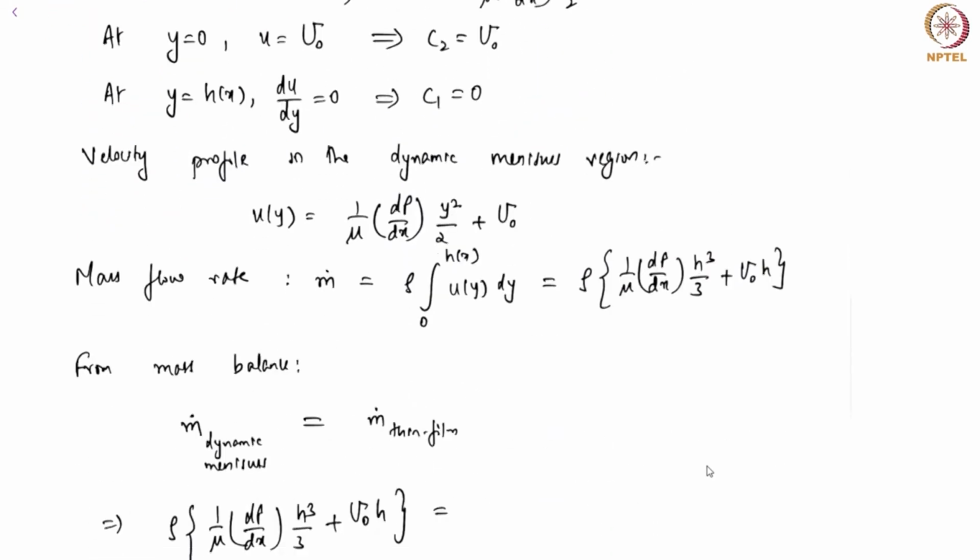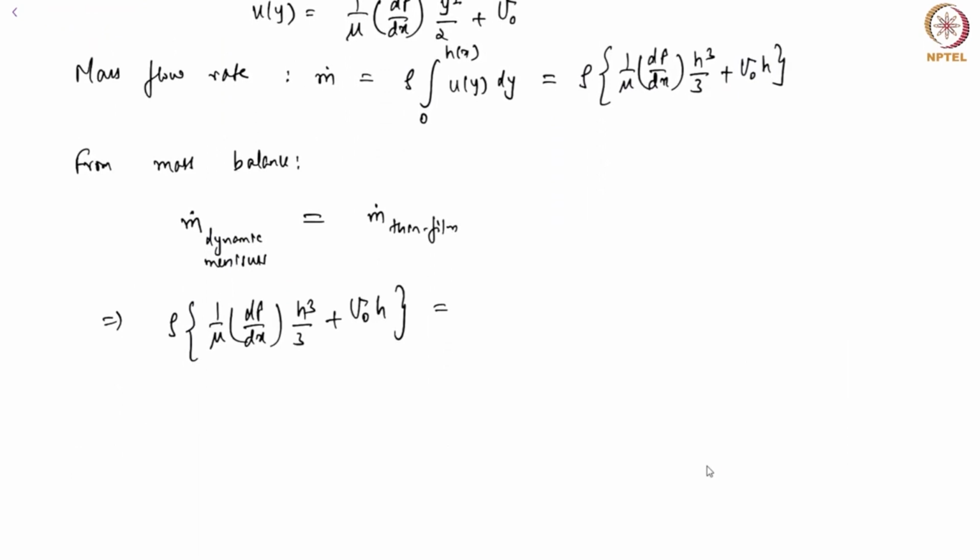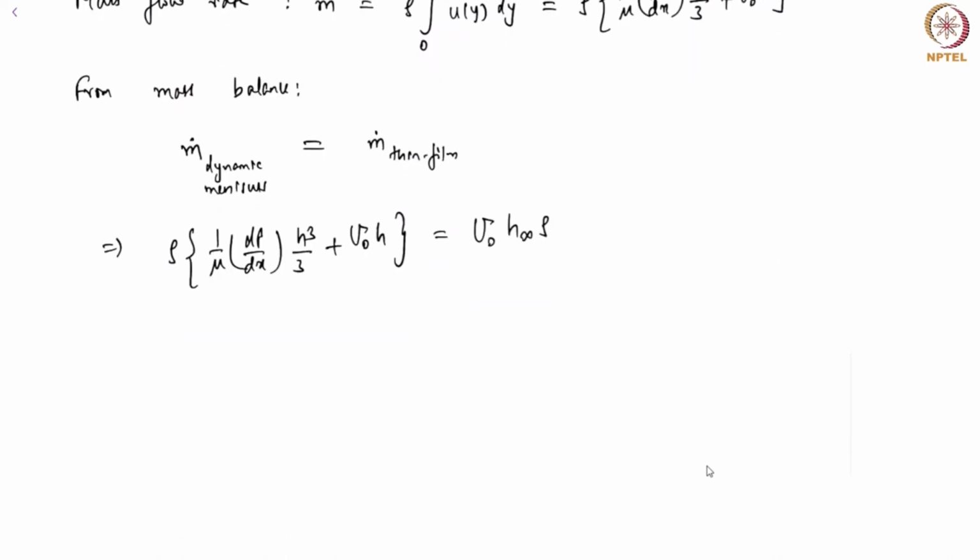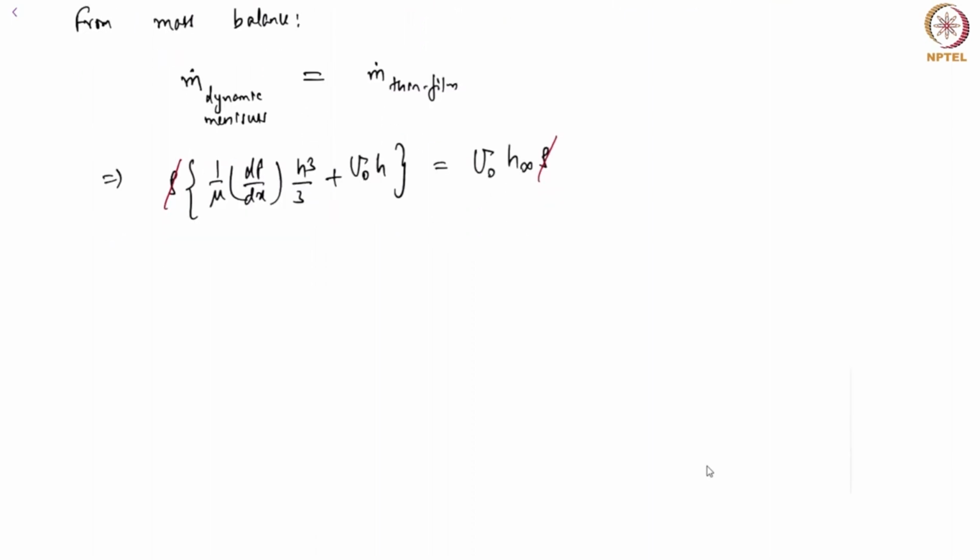I can cancel rho on both sides and rearrange the terms to get dp by dx, the pressure gradient in the dynamic meniscus.